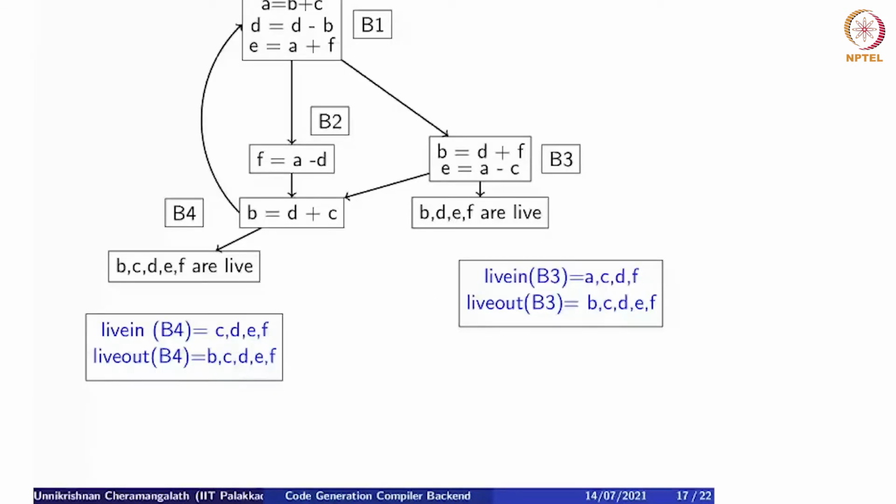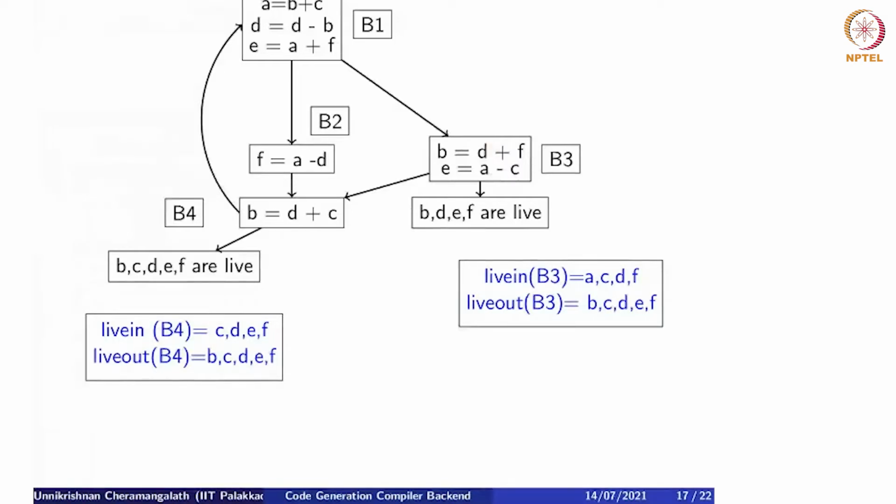Why is B removed? Because the value of B is defined in this statement. So the value of B coming from the predecessor of B4 will not be used here. And here B and E are removed.